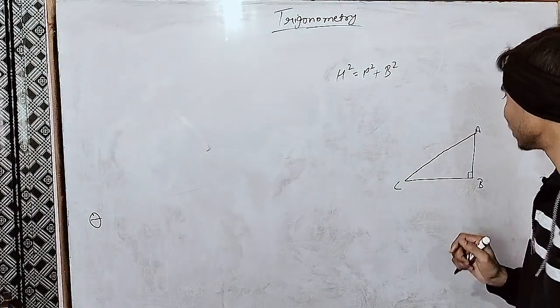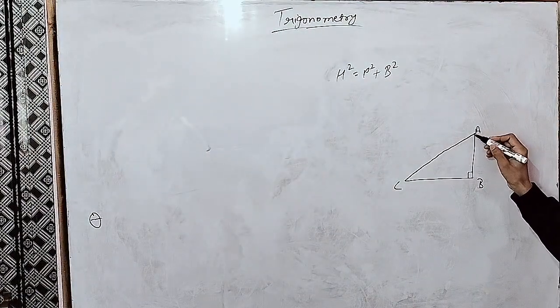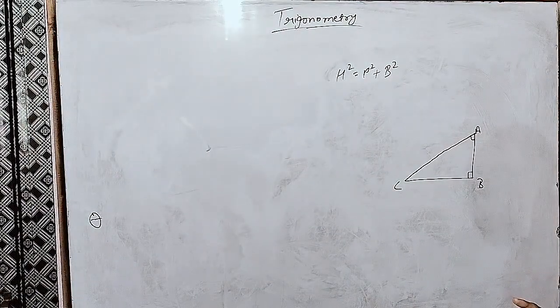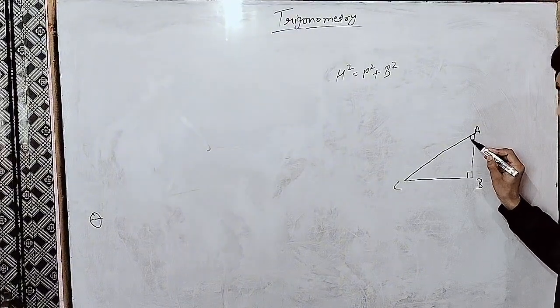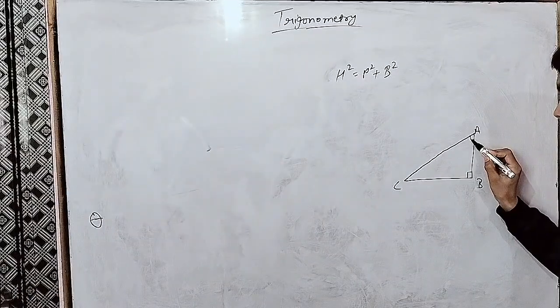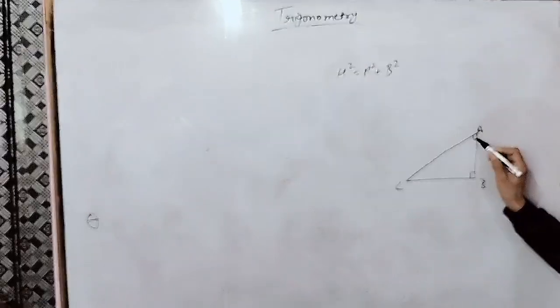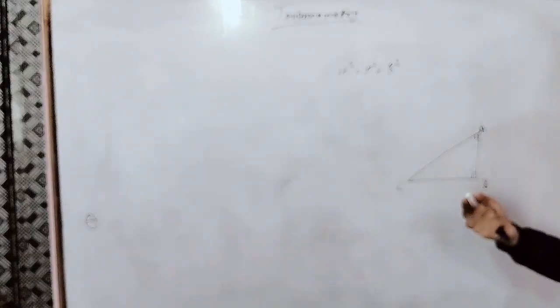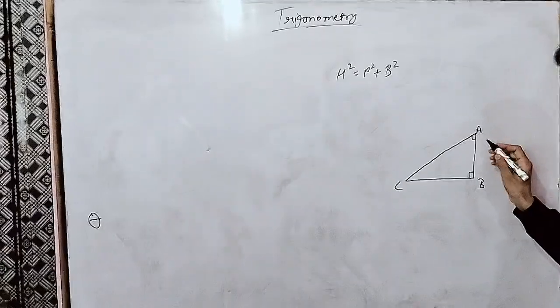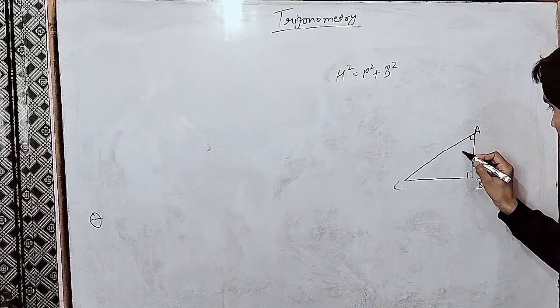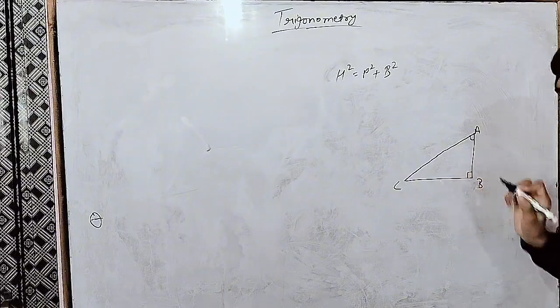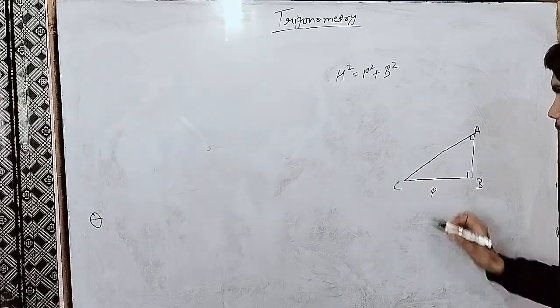Let's suppose our theta is here. The side opposite to this angle will be the perpendicular. Remember it.